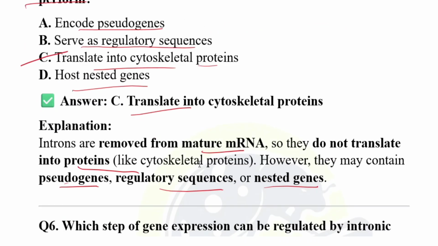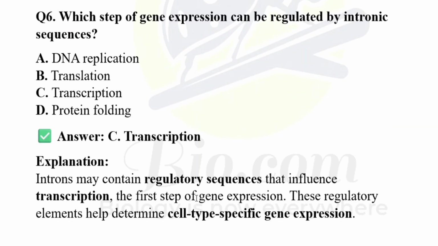Now next question. What step of gene expression can be regulated by intronic sequences? What can you regulate through intronic sequences? It is the transcription that you can control. Introns may contain regulatory sequences that influence transcription, the first step of gene expression.